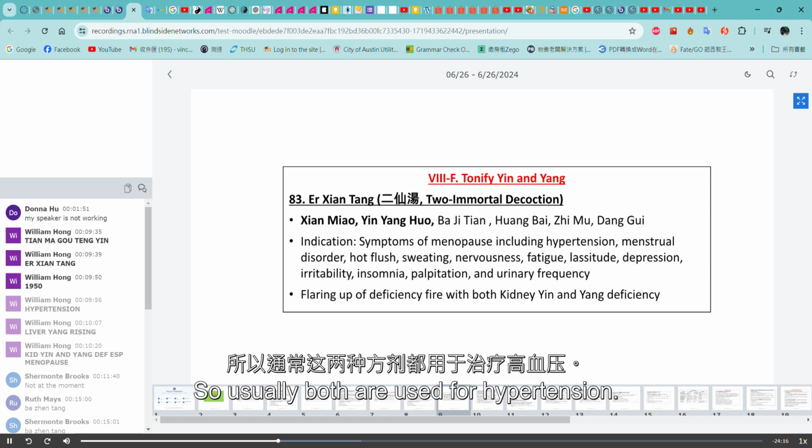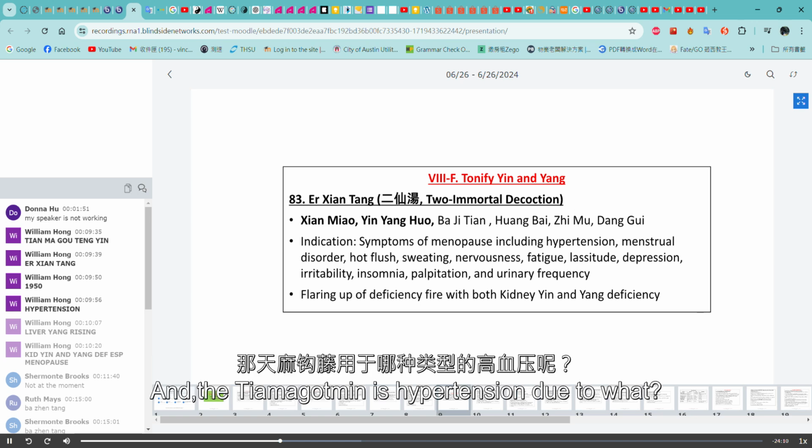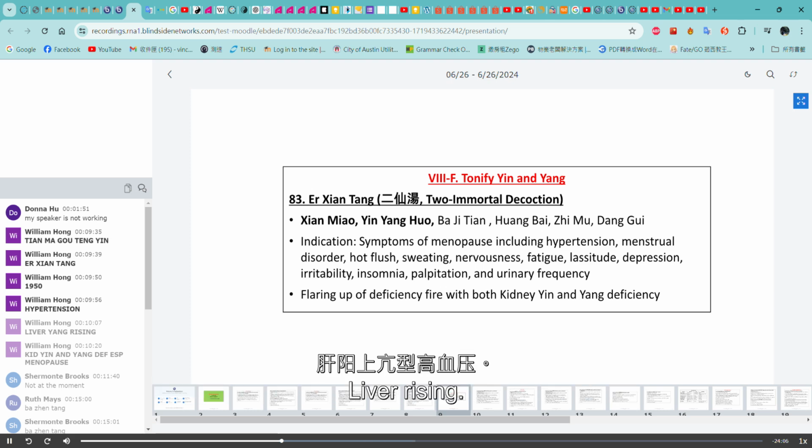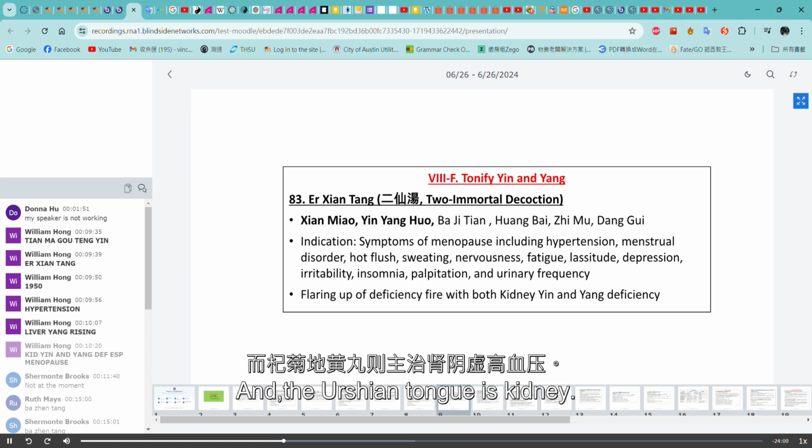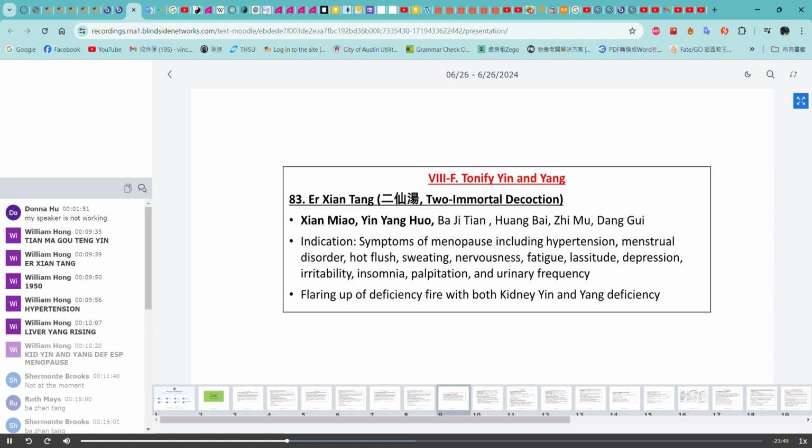So usually both are useful for hypertension. And the Tian Ma Gou Teng Yin is hypertension due to what? Liver rising. And the Er Xian Tang is kidney yin and yang deficiency, especially menopause.